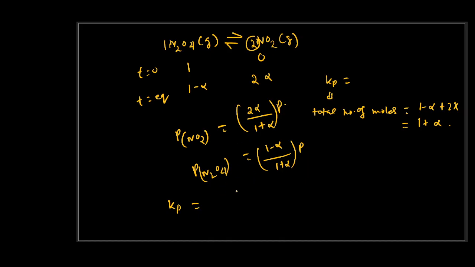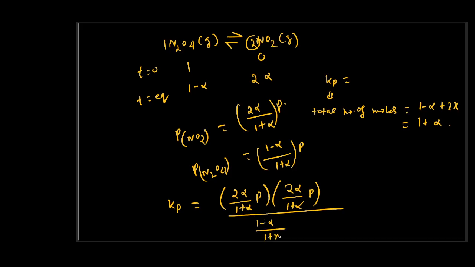So NO2 is 2 alpha over 1 plus alpha, squared, and the reactant is 1 minus alpha over 1 plus alpha.